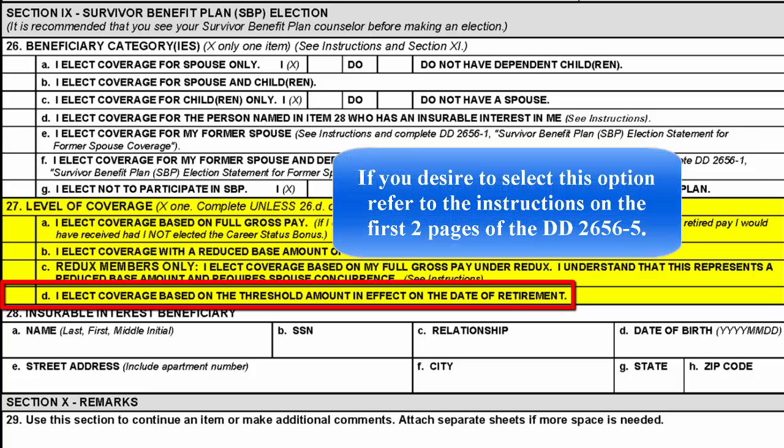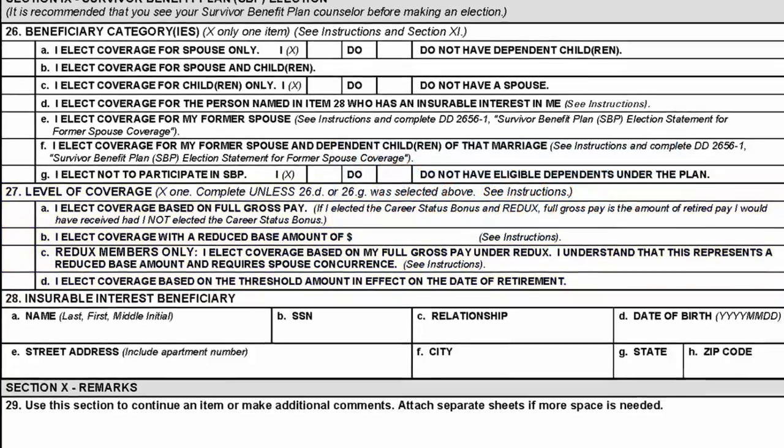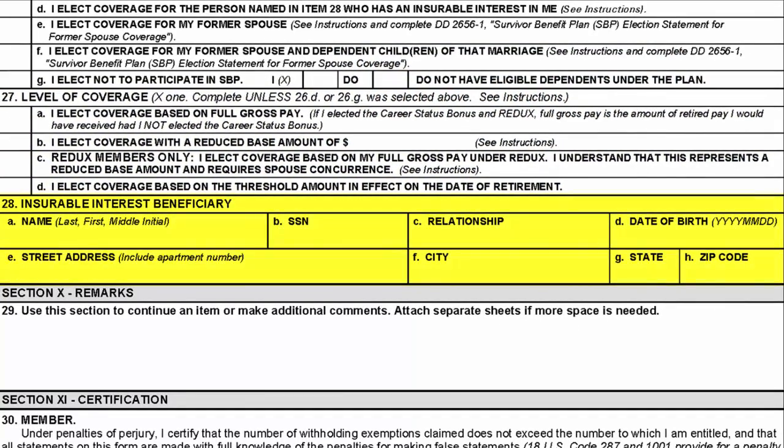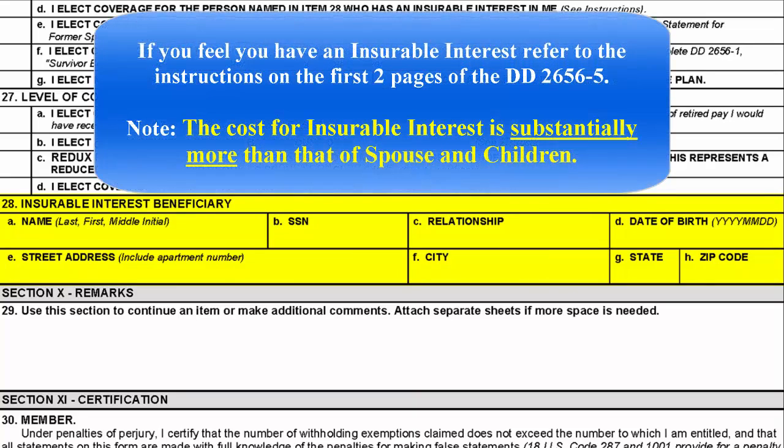If you would like to choose that option, please see the instructions in the DD 2656. In Section 28, Insurable Interest Beneficiary, again, this would be an example of a business partner. If you have an insurable interest, please see the instructions on the 2656 and fill out the following accordingly.